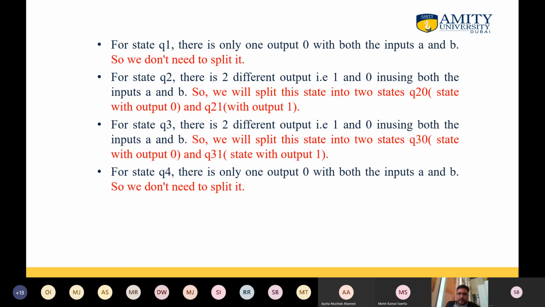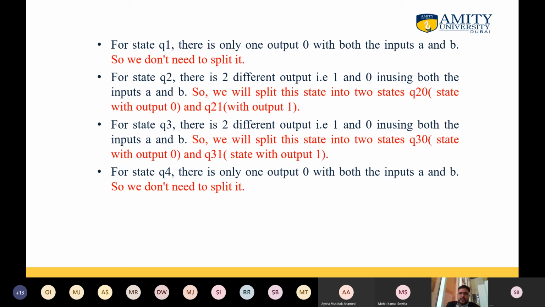Everybody, the same thing you will do for Q3. Q3 also had two outputs, 0 and 1. So you will write Q3 0 and Q3 1, which means you have to split Q3 as well into two parts. The Q3 0 output will be 0, and the Q3 1 output will be 1.